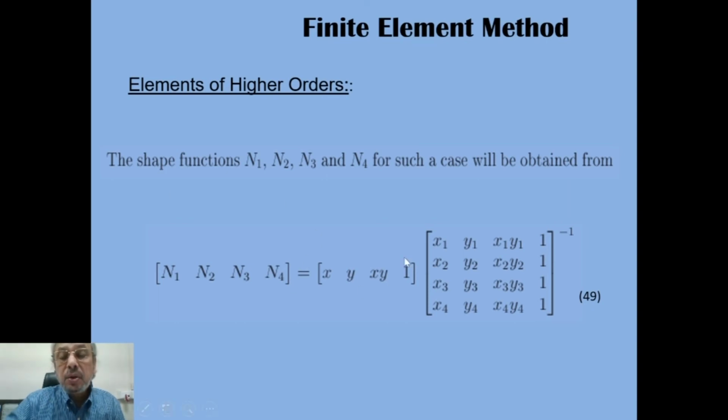So here also we will follow almost a similar procedure. It will be the row matrix [x y 1], multiplied by the inverse of the matrix with rows [x1 y1 1], [x2 y2 1], [x3 y3 1], [x4 y4 1]. In a similar process, we can find out the shape functions.